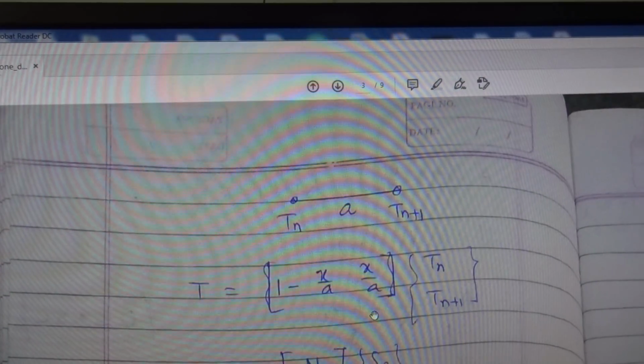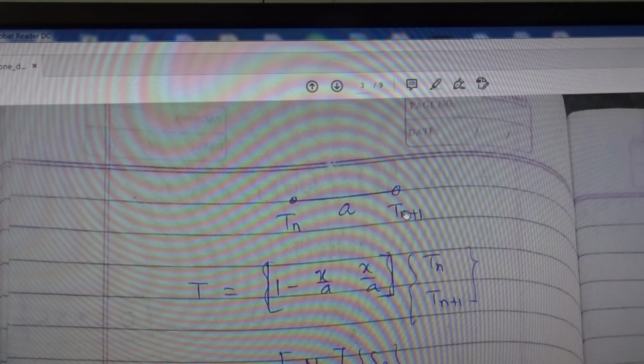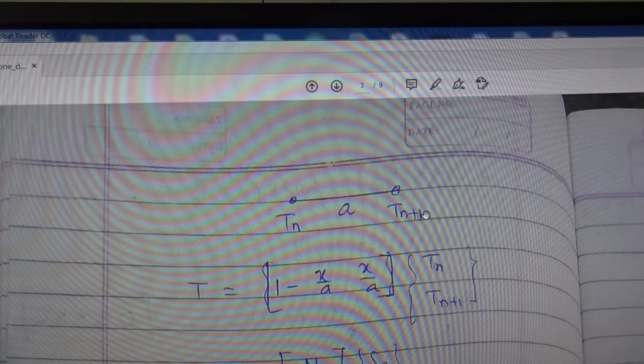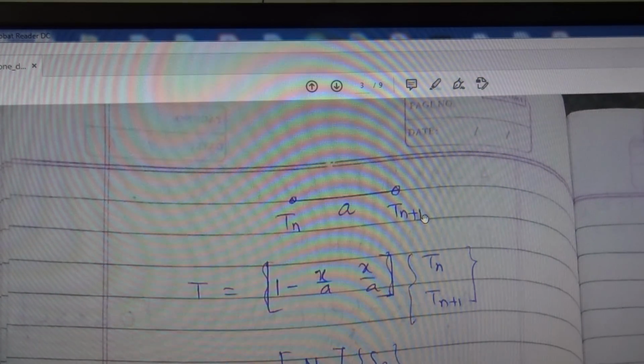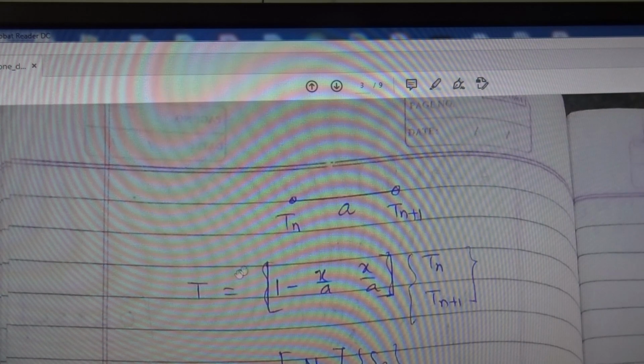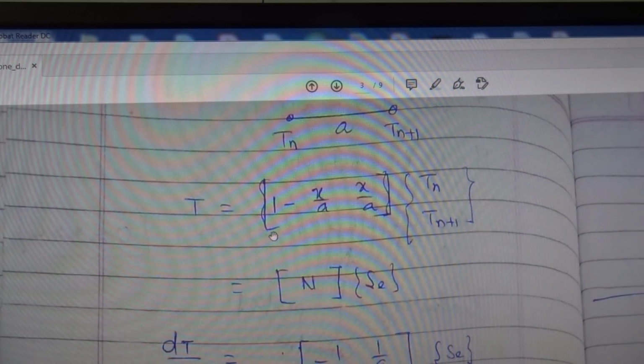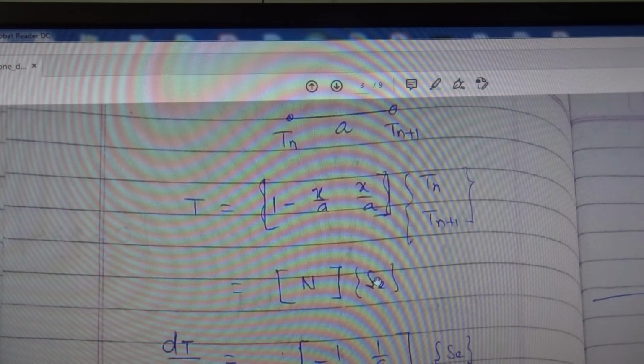Now suppose an element of length L, where Tn and Tn+1 are the temperatures at the nth and (n+1)th nodes. So T is equal to, you can write, (1 minus x/L) Tn plus (x/L) Tn+1. So these are the shape functions N, and this is δe, as denoted in the displacement in the bar problem.